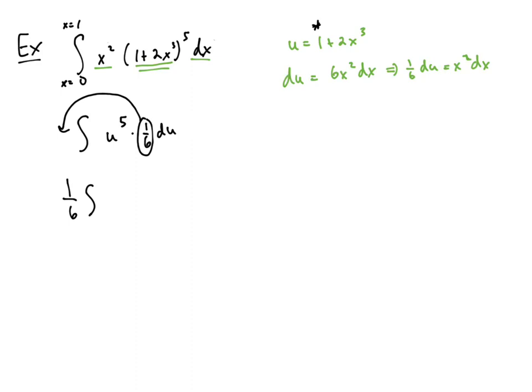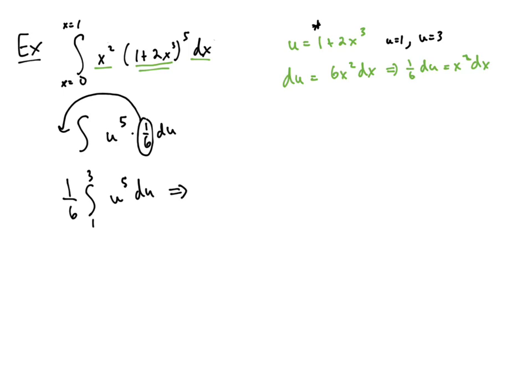When x is 0, I'm going to get a u value of 1. And then when x is 1, I'm going to get a u value of 3. So this will be from 1 to 3 for my limits of integration. And so I have 1/6, the integral from 1 to 3 of u to the 5th du.